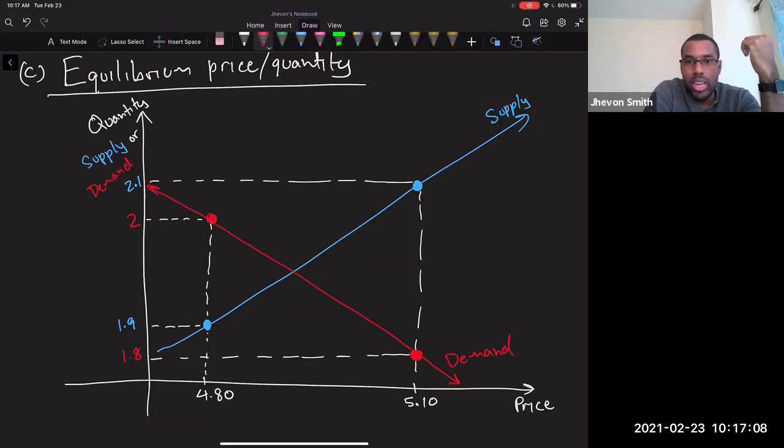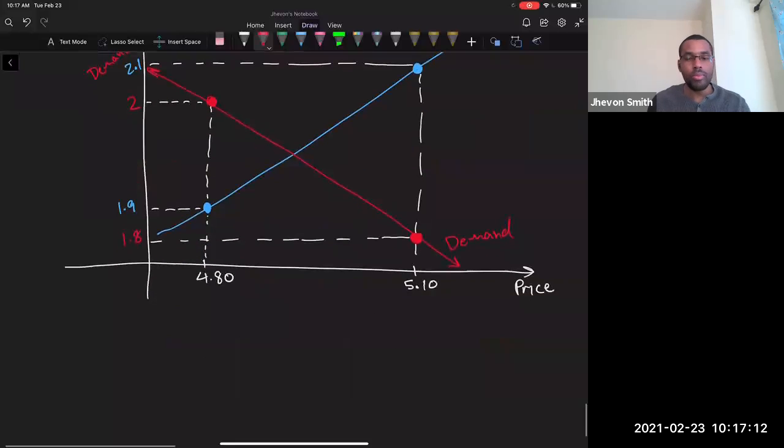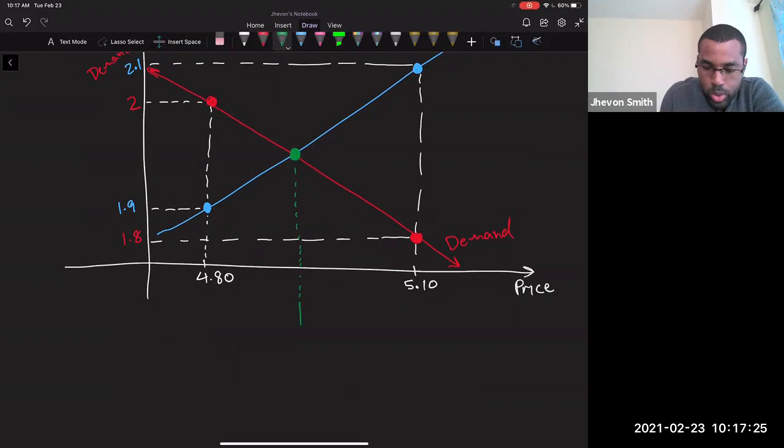Now, of course, there are a couple things that you will notice. Notice that there is a point here where they intersect. Now that point is super important, right? You'll notice that to the left of that point, what we have is something called scarcity.